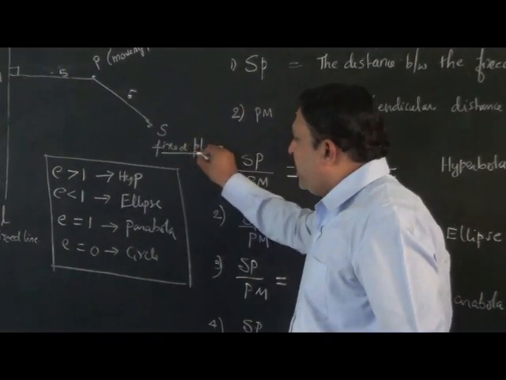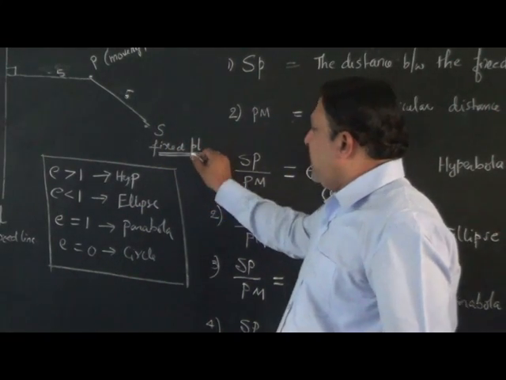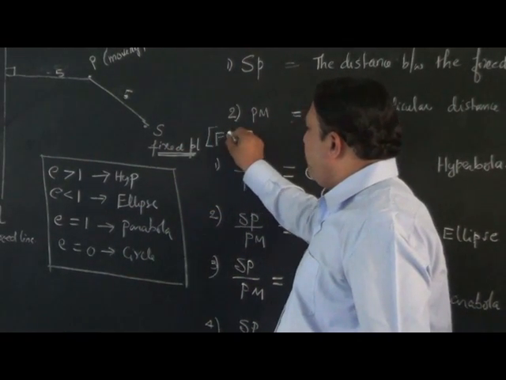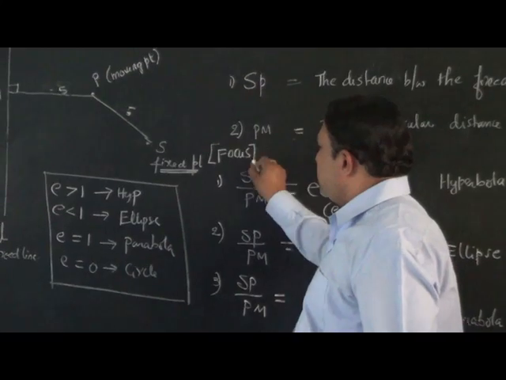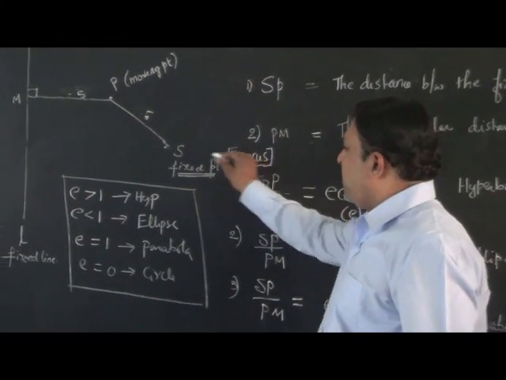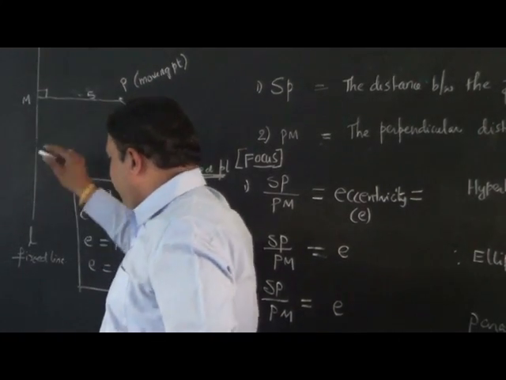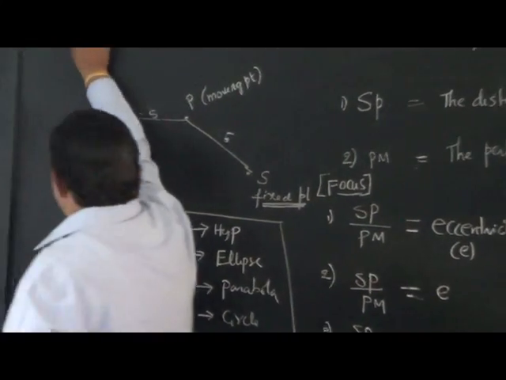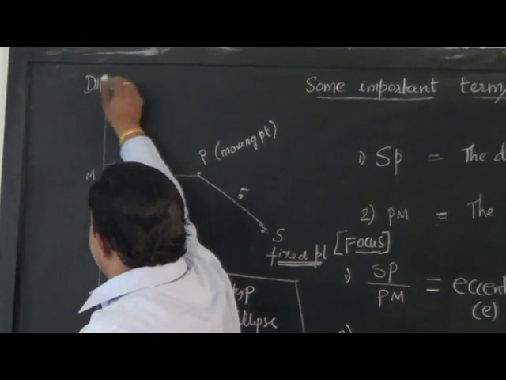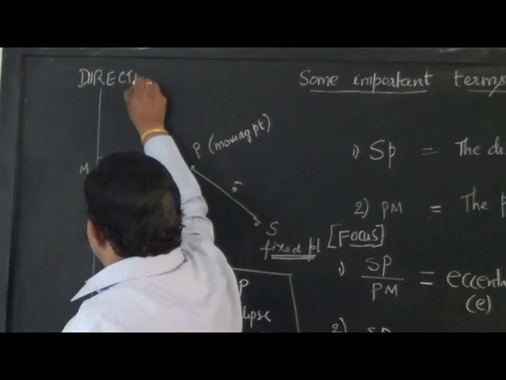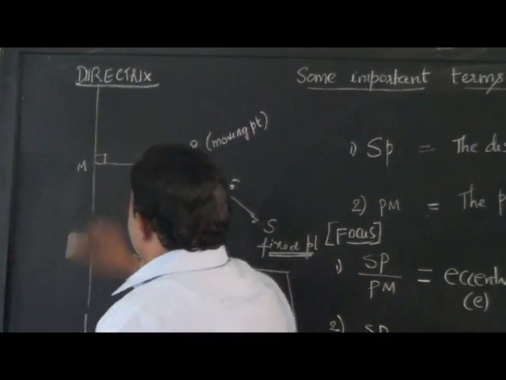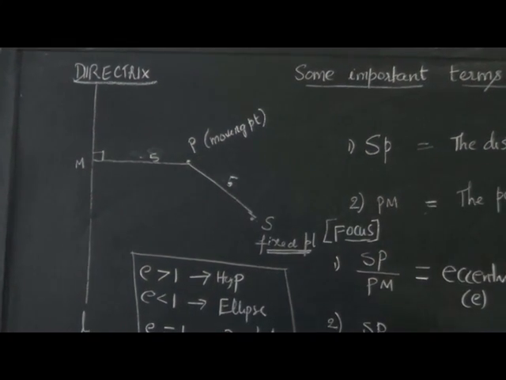The fixed point that we spoke about is in future called the focus of the conic, denoted by the letter S. And the fixed line that we have referred to is called the directrix of the conic.